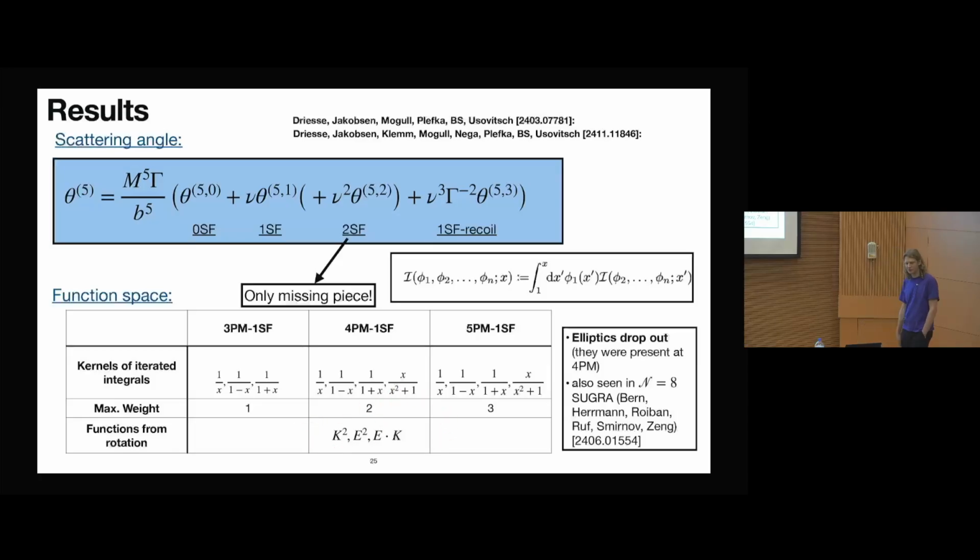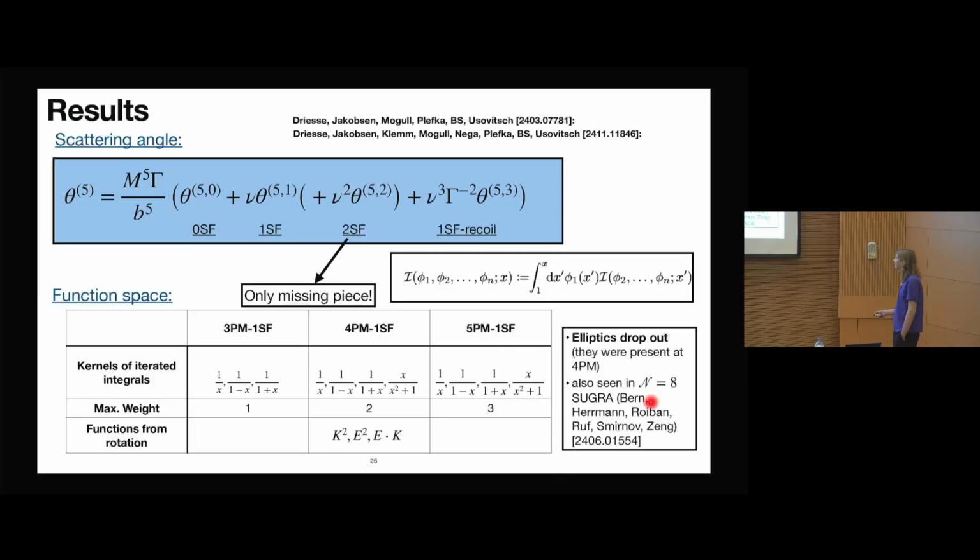Now we computed the 5PM terms. And what we saw was surprising. We only saw, again, these polylogarithms up to weight 3. So we always see this jump in the weight when we go one order higher.